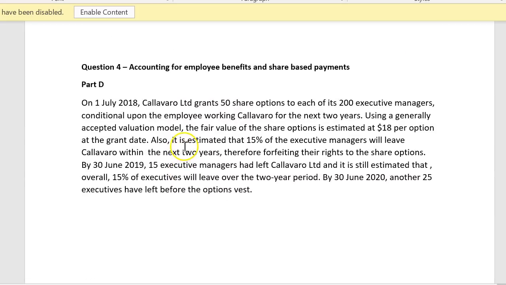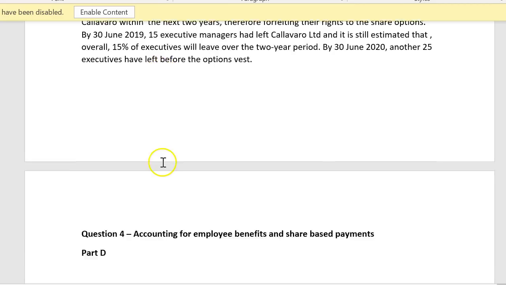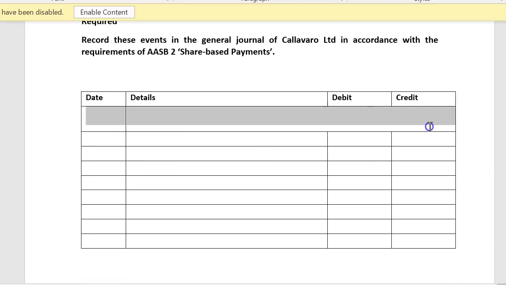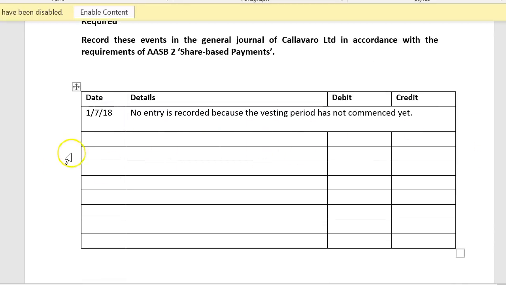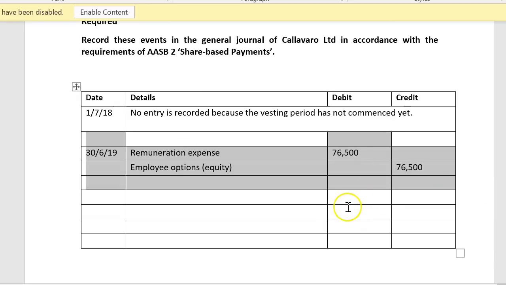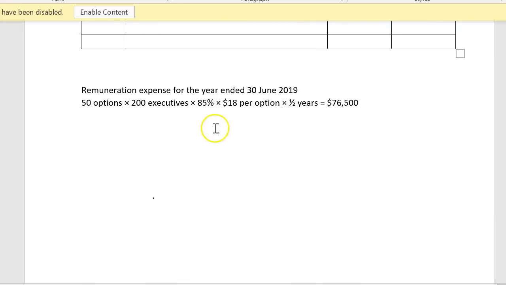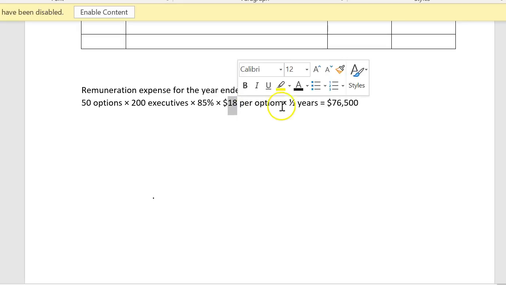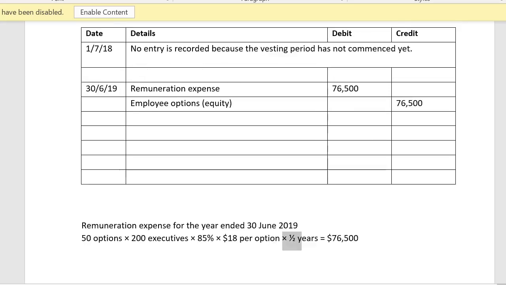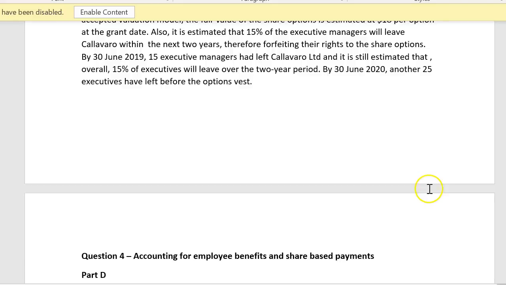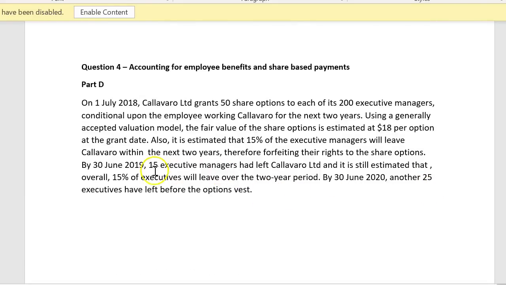So on the issue date of options, there is no transaction as the vesting period has not commenced. On 30th of June 2019, it's 76,500: 50 options, 200 executives, 85% will remain based on the estimations, and the fair value. Divide that by 2. Okay. Now, when it comes to the second year, they already know how many executives are remaining.